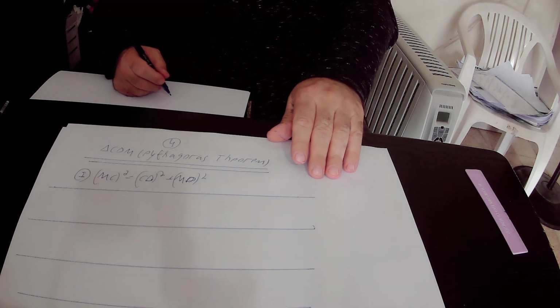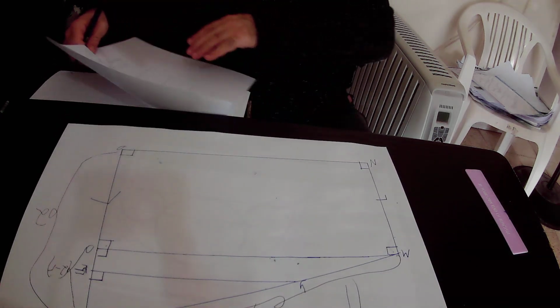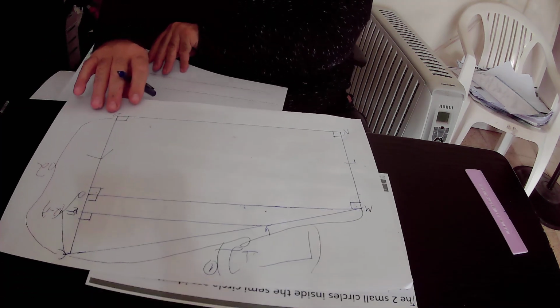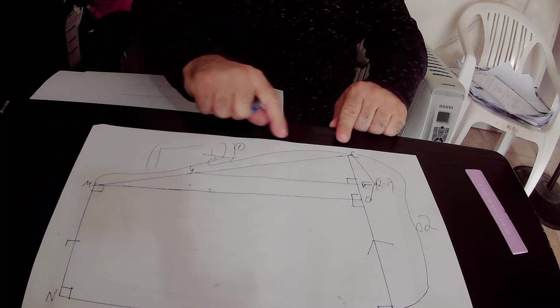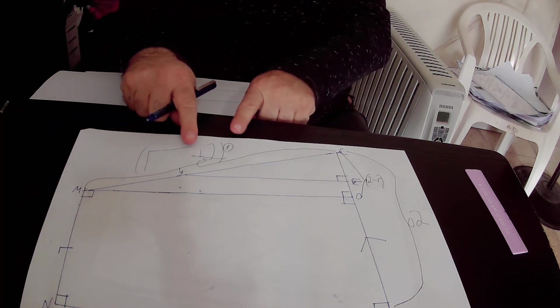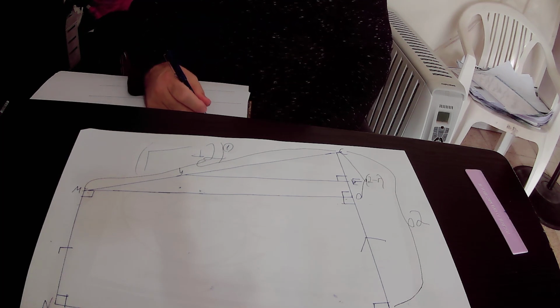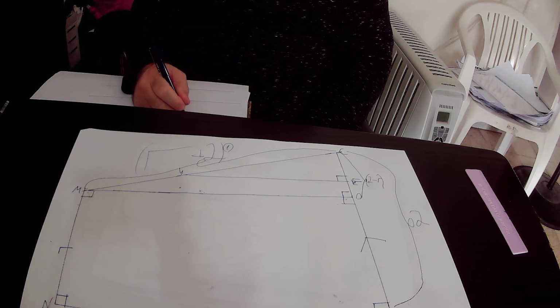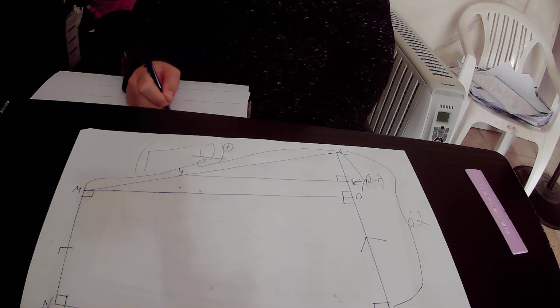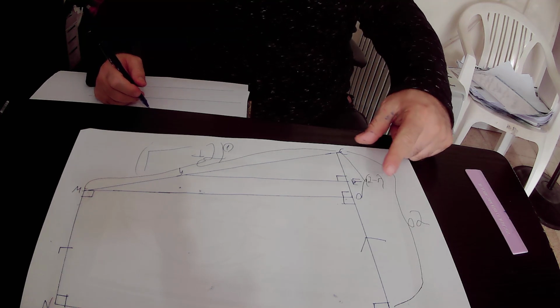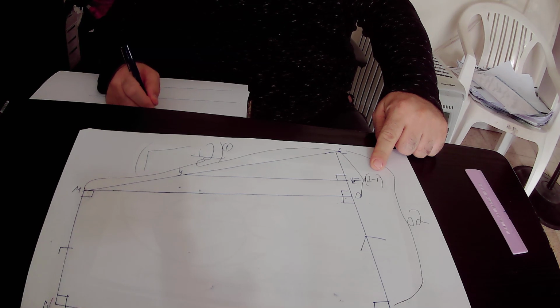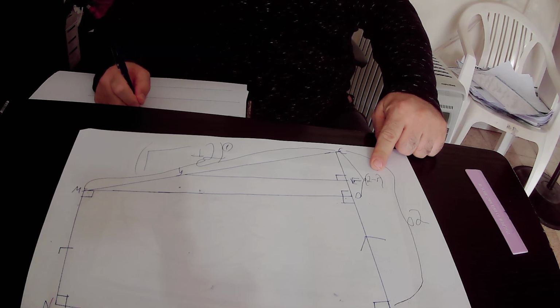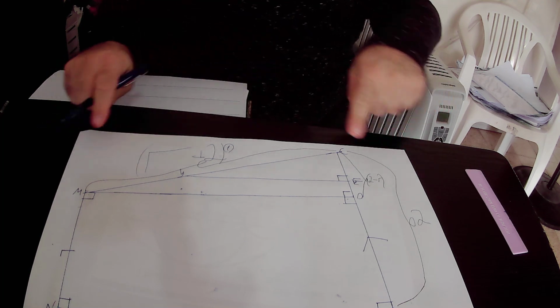We have already found that MC equals R plus 2. Therefore, MC squared will be equal to R plus 2 squared. And it equals CD squared, where CD equals 2 minus R. So CD squared will be 2 minus R squared, plus MD squared.